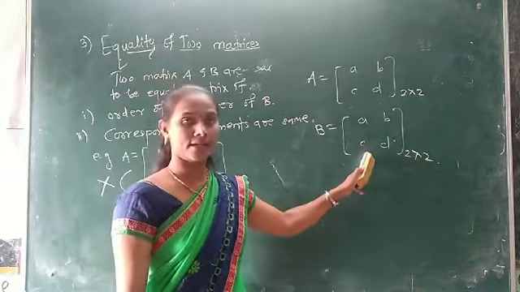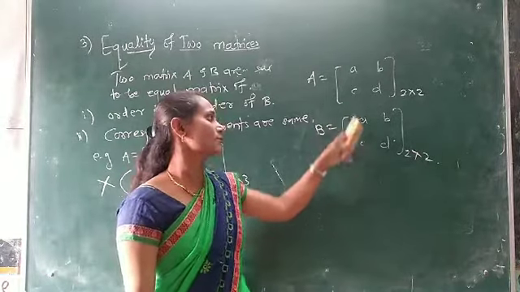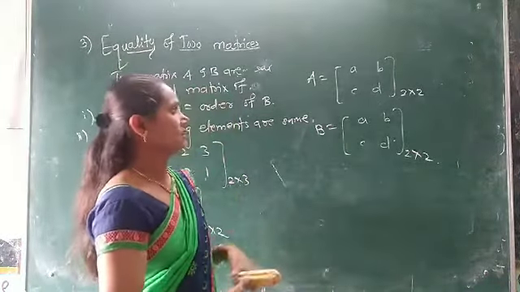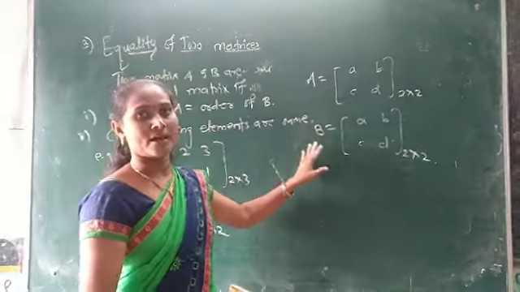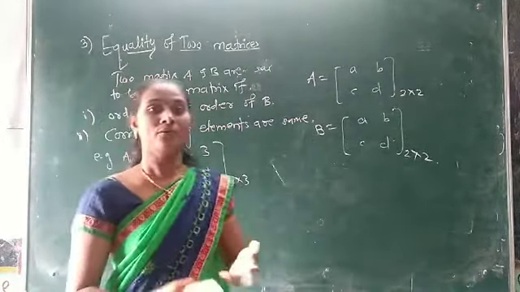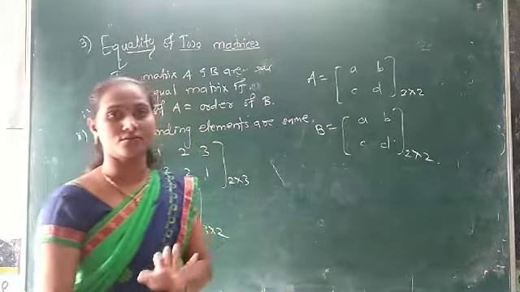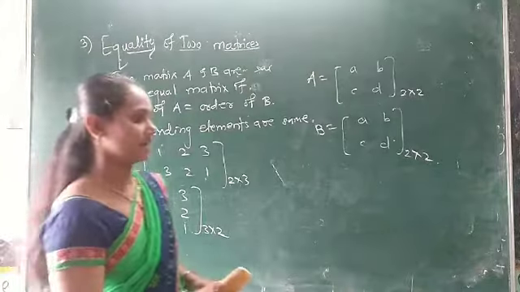Here the order of both is the same and also the corresponding elements of A and B are the same. Hence we can say that these two matrices A and B are equal. If the order is the same but the elements are not the same, then the matrices are not said to be equal.